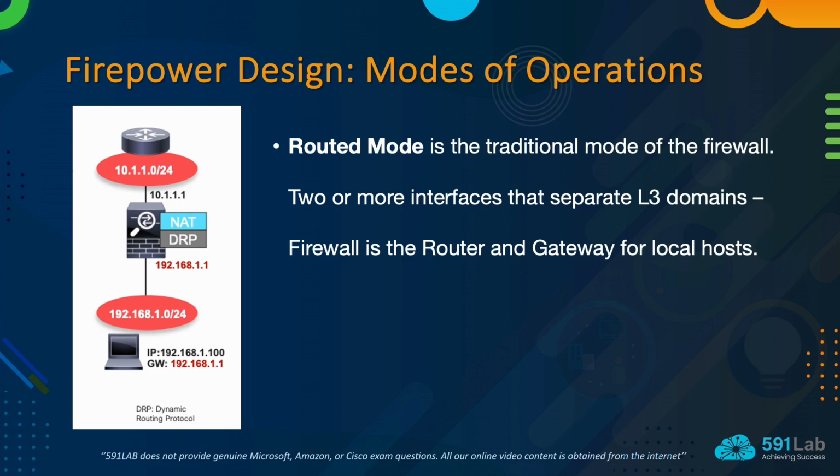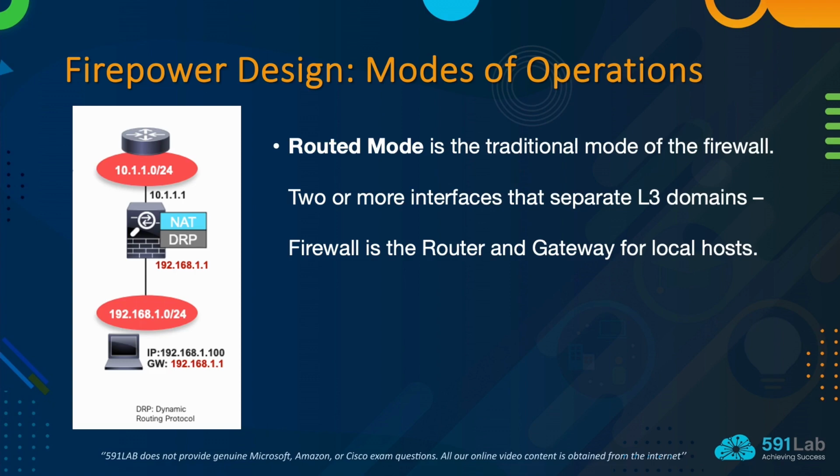Two or more interfaces in routed mode will typically have two or more physical interfaces. One interface will be connected to the internal network, and another interface will be connected to the external network, like the internet. The Firepower device will route traffic between these interfaces based on the configured routing protocols and policies.